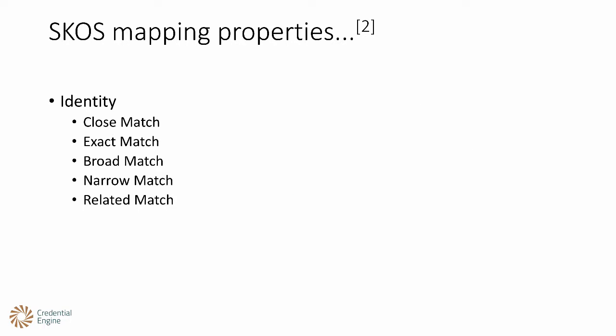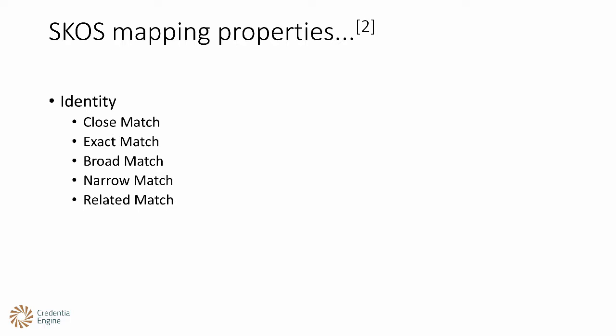There are also ways to map between concepts in different schemes. So I can say that I have a concept in my concept scheme that is a close match to a concept in your scheme. And using the URIs, that close match can be machine expressed. In other words, you can link to that. It isn't just the words close match.